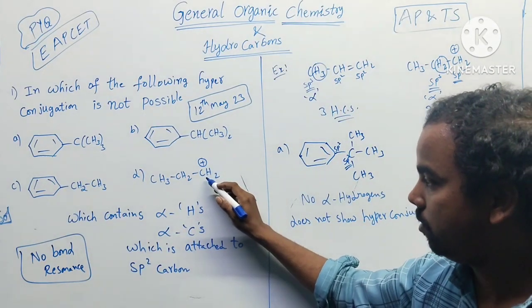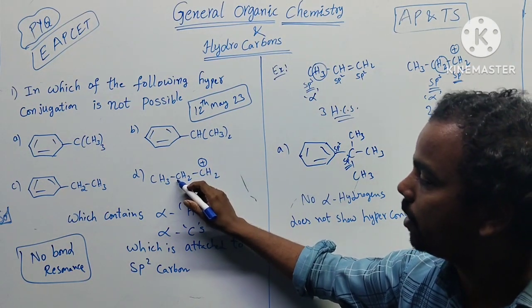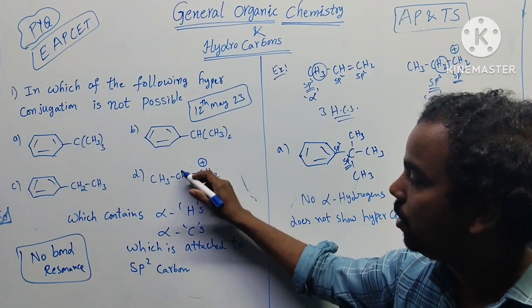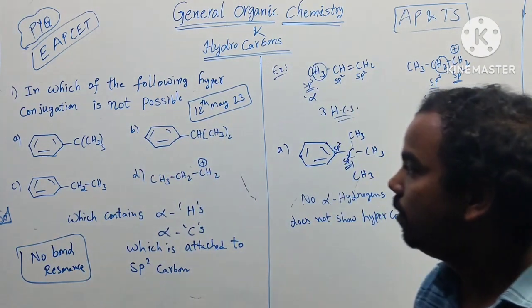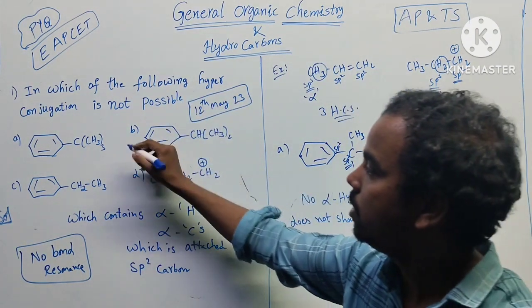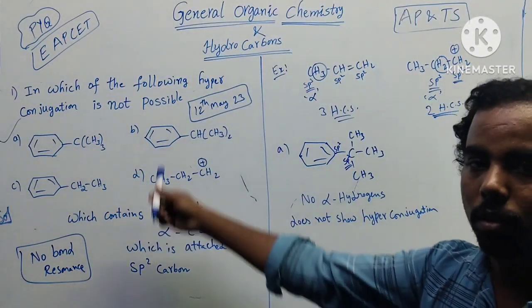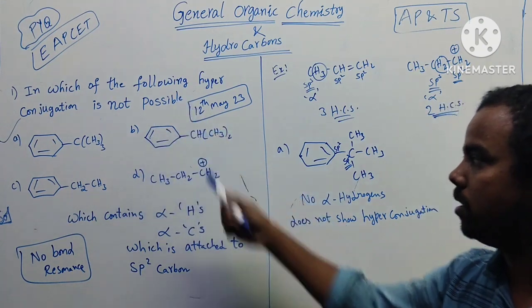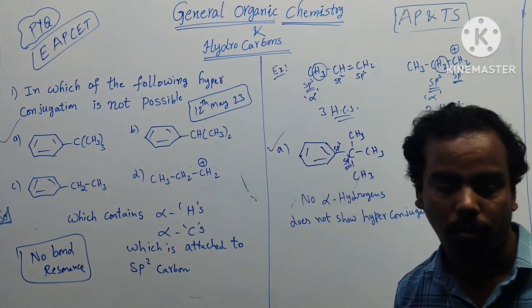In the next, the sp3 carbon has 2 alpha hydrogens, so 2 hyperconjugative structures are possible. Which does not give hyperconjugation is the one without alpha hydrogens. So the answer is A. Okay, next one.